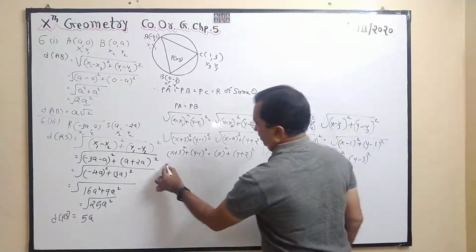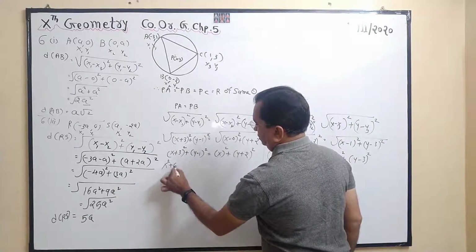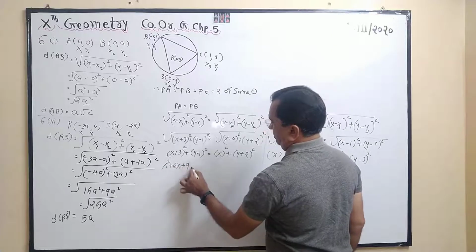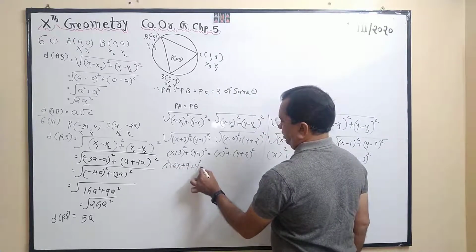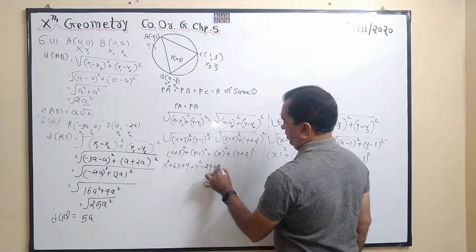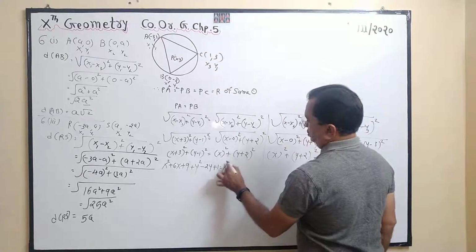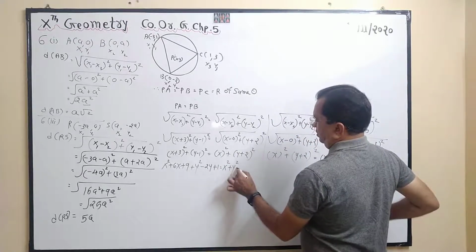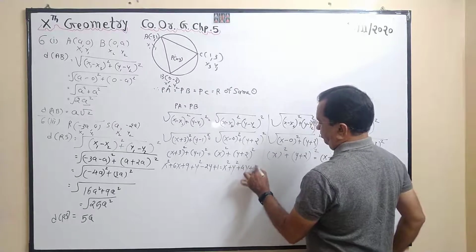I will solve this first. x square plus 6x plus 9, y square minus 2y plus 1 is equal to x square plus y square plus 4y plus 4.